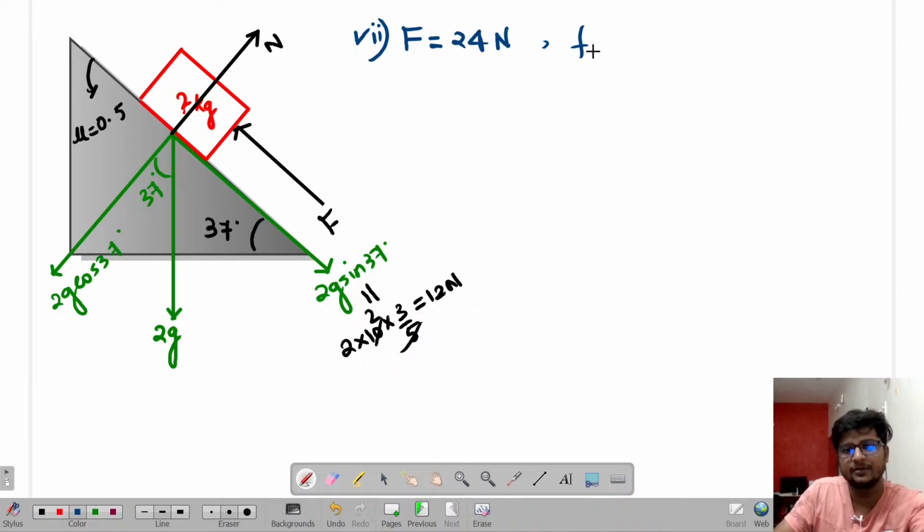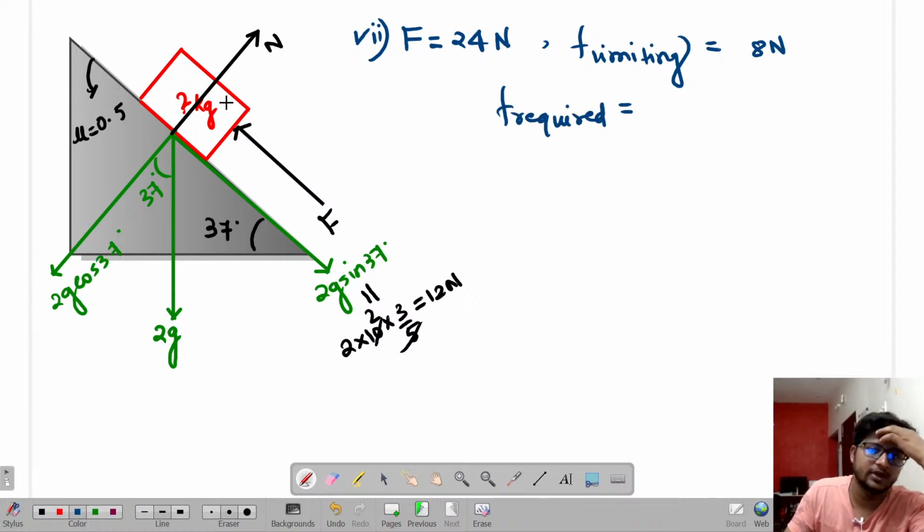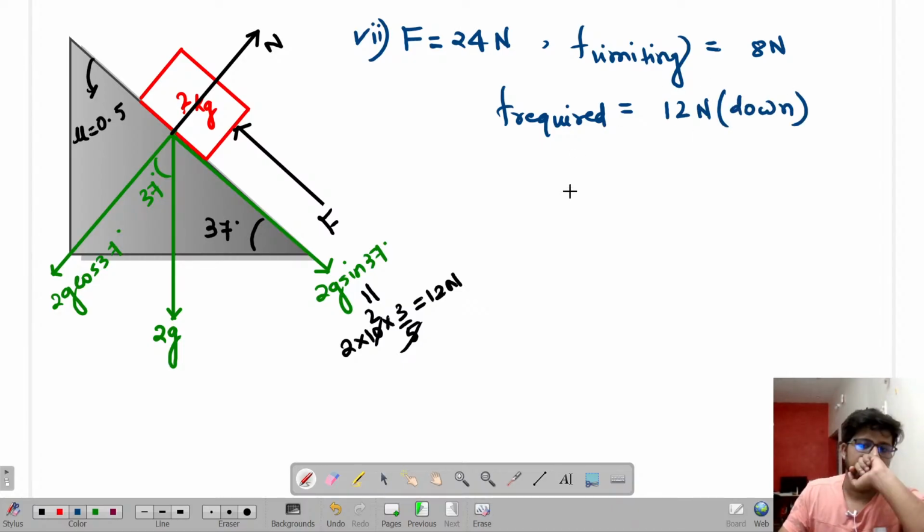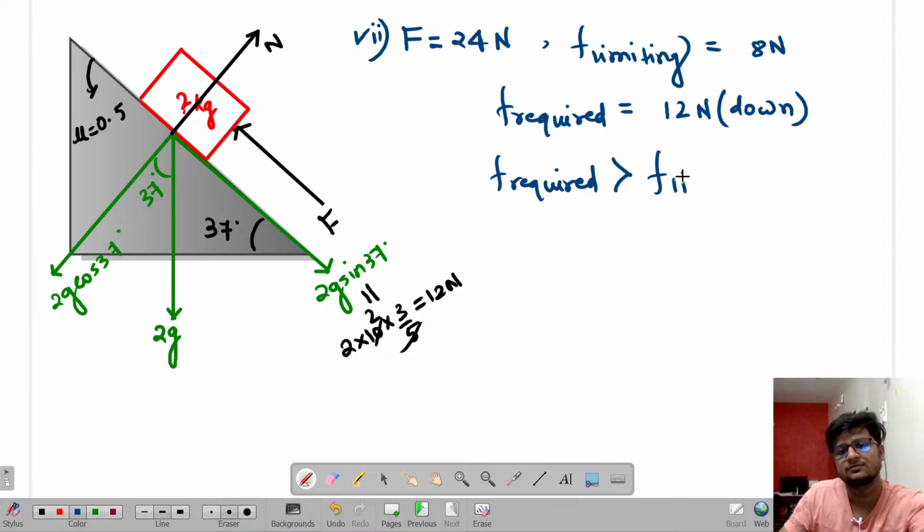Again here F limiting is 8 Newton. F required, this time, is 24 and downward is 12, so 12 Newton in downward direction. But what I found out over here is that F required is more than F limiting.